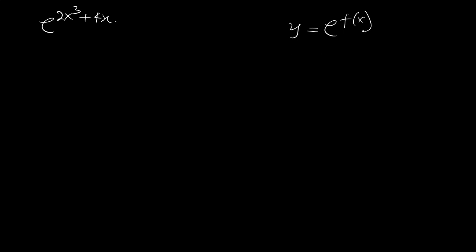Now you know the derivative of this function. Okay, let me just make it a simple term. This y is the same thing as e to the power f. Now the derivative of y with respect to f is equal to e to the power f.